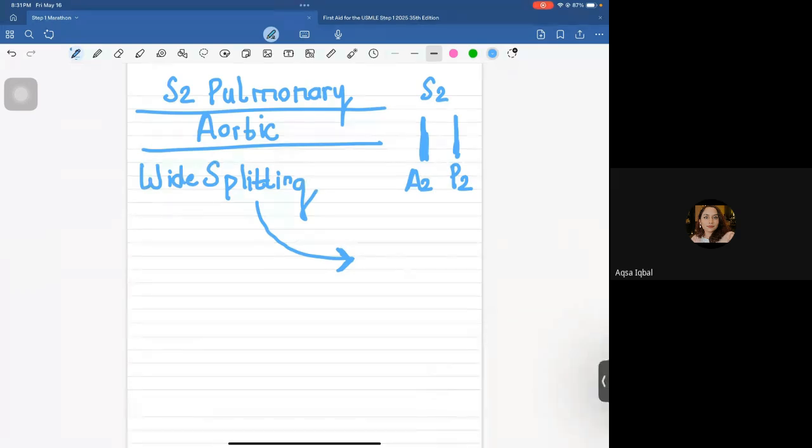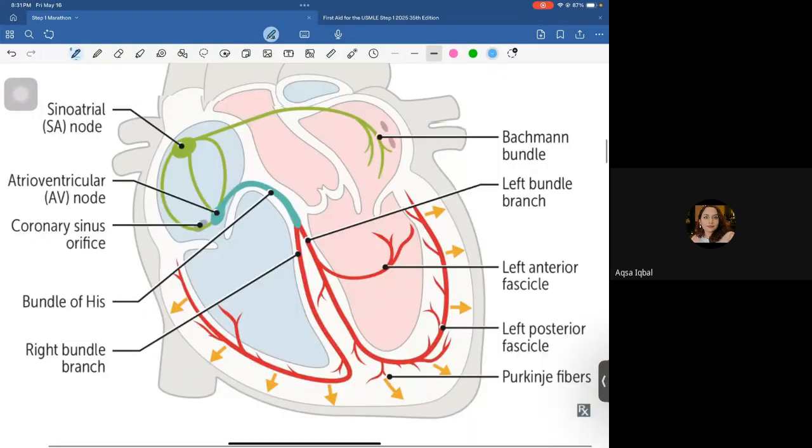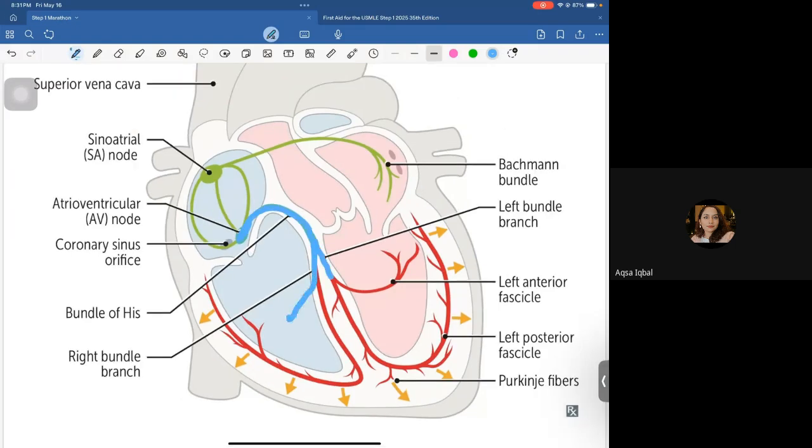Similarly, what does a right bundle branch block mean? Let's go over this again. I told you that from the AV node, signals go into the right side of the heart and into the left side of the heart. What if this right side is blocked, offering increased resistance?